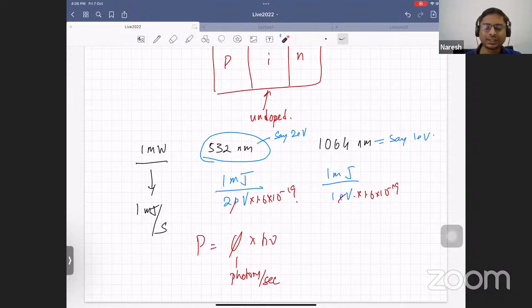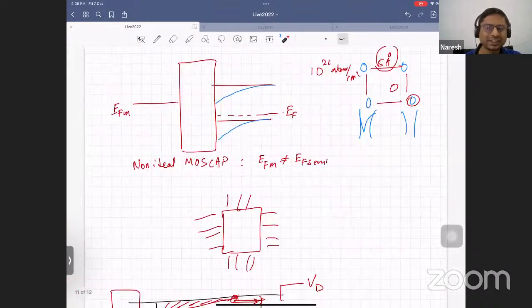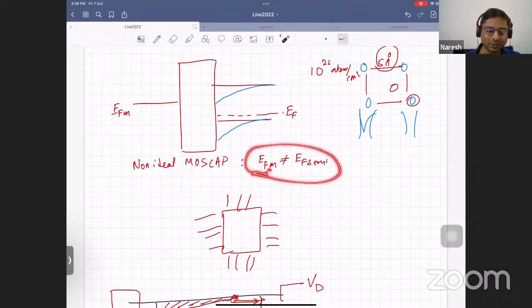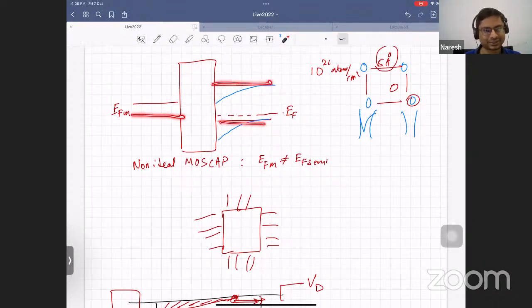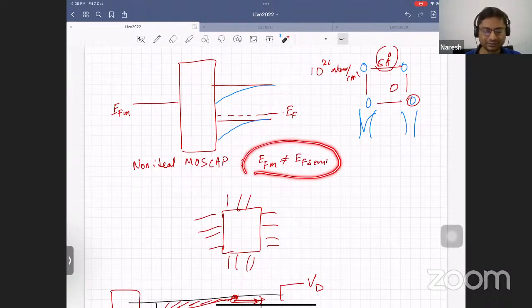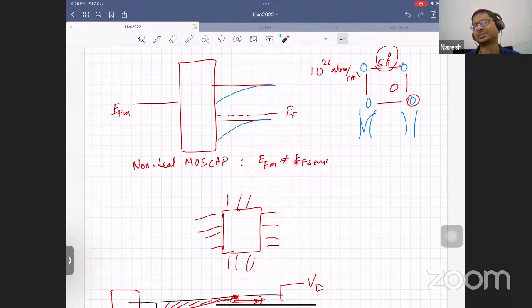No, the non-ideality I'm referring to, there are various types it can happen. In this case, I'm saying that the Fermi levels are different. In an ideal MOSFET, I assume the Fermi level is here so that when you don't apply voltage, the bands are flat. Now, when I consider a non-ideal scenario where the work functions are different, right?